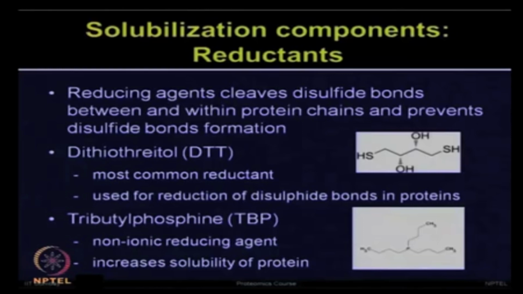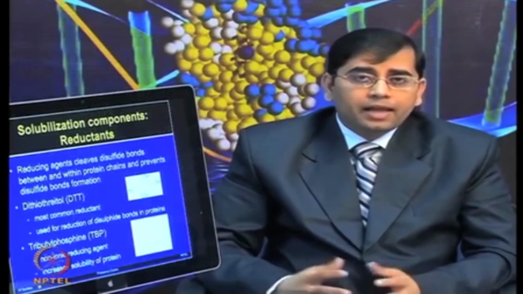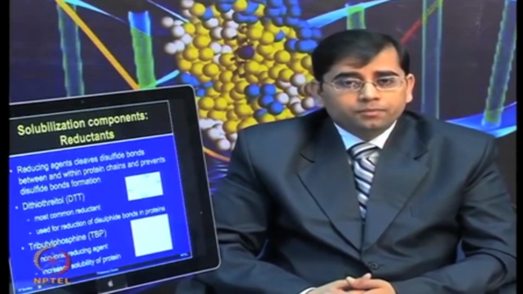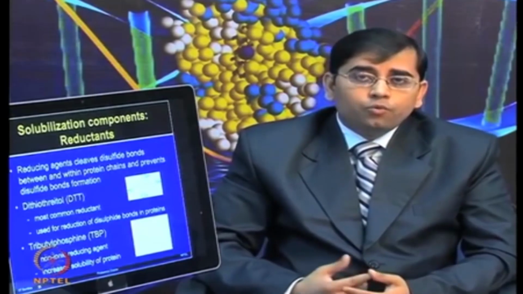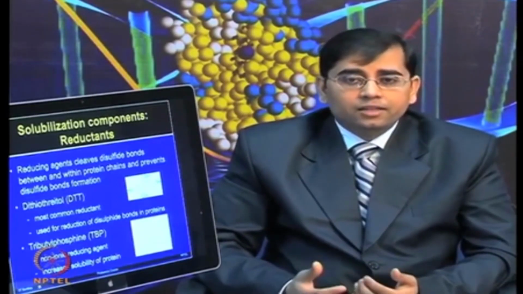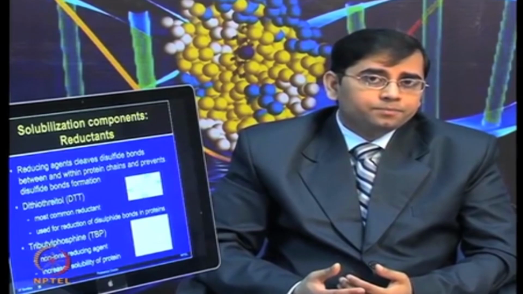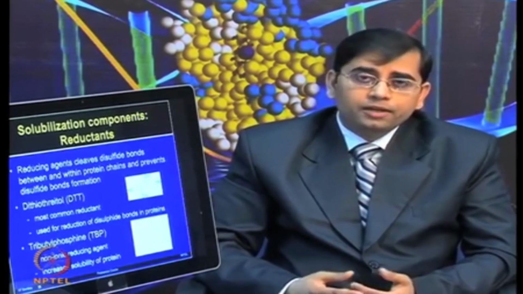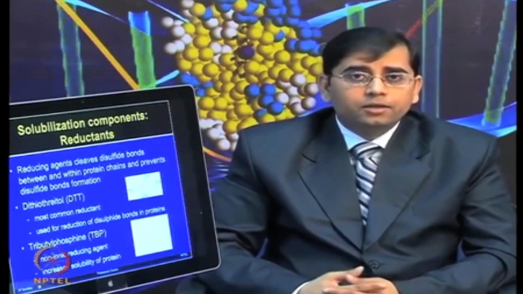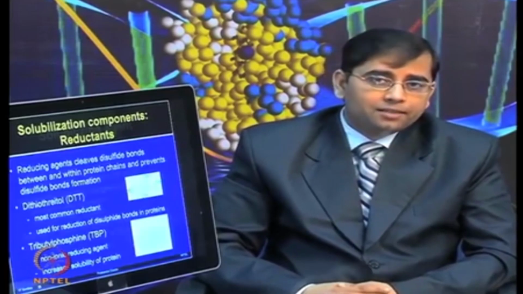Tributyl phosphine or TBP, a non-ionic reducing agent, is another very commonly used reducing agent when the aim is to increase the solubility of proteins. Often it is used in 2DE gel-based proteomic applications.